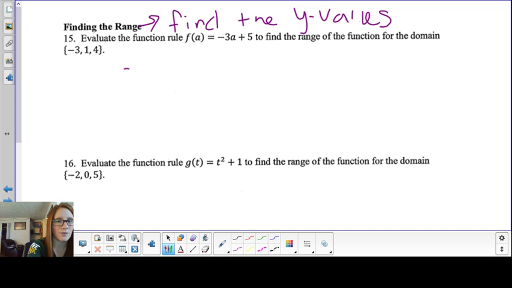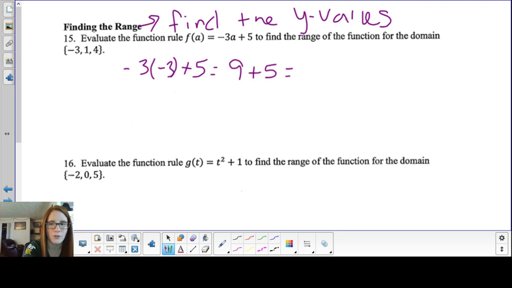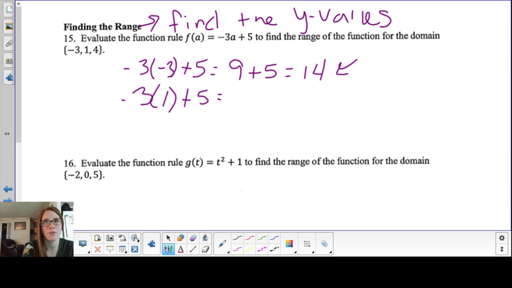So I have negative 3 times negative 3 plus 5. Negative 3 times negative 3 gives me 9 plus 5, which is 14. So one of my values is 14. Next, I'm asked to plug in positive 1. So I have negative 3 times 1, which is negative 3, plus 5.